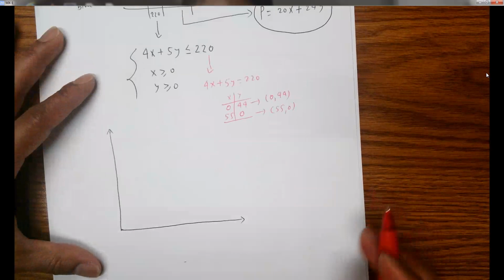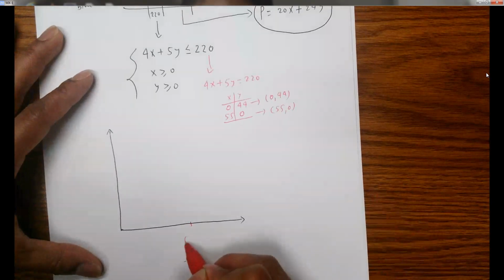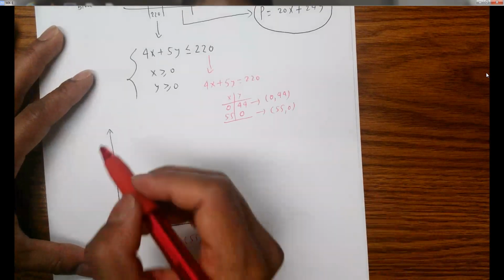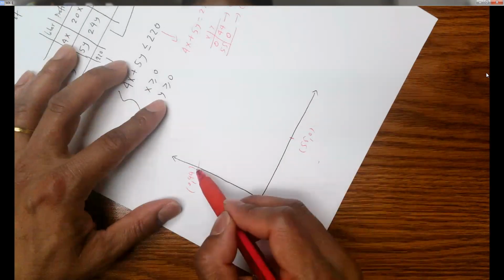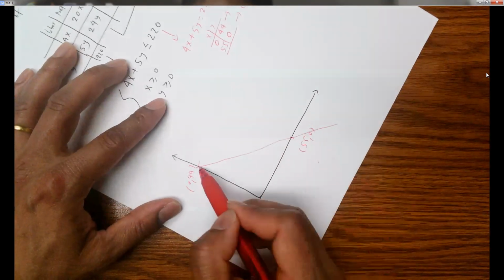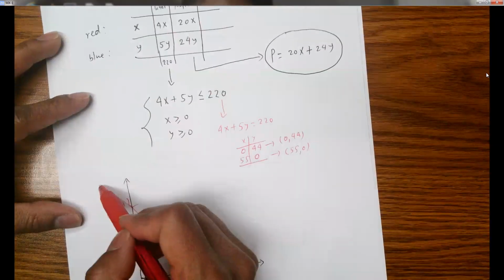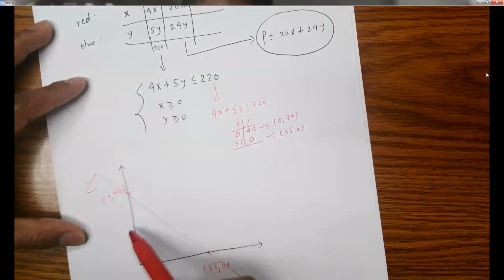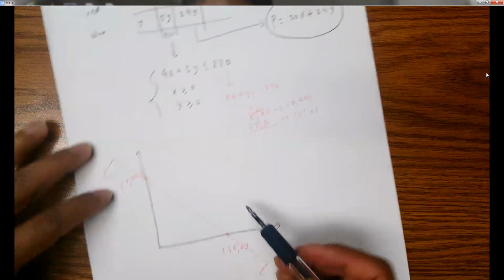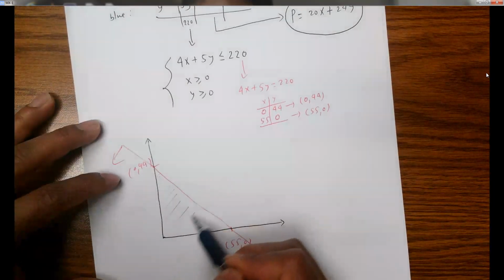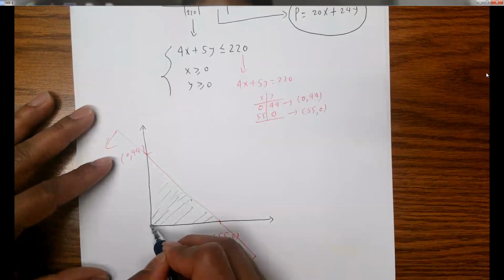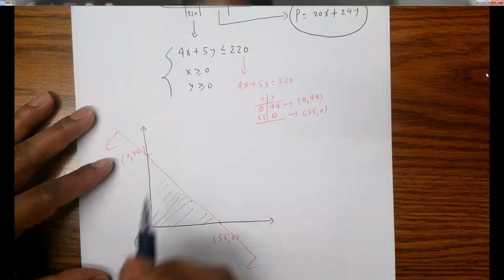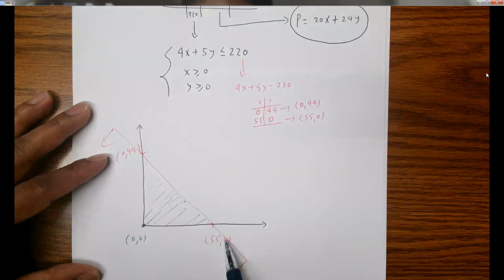I'm going to plot that here, (55, 0), and then (0, 44). So just join these two points, and we're going down because it's a less or equal. So our feasible region would be this one. So from here, we can see that the corner points are (0, 0), (0, 44), (55, 0).